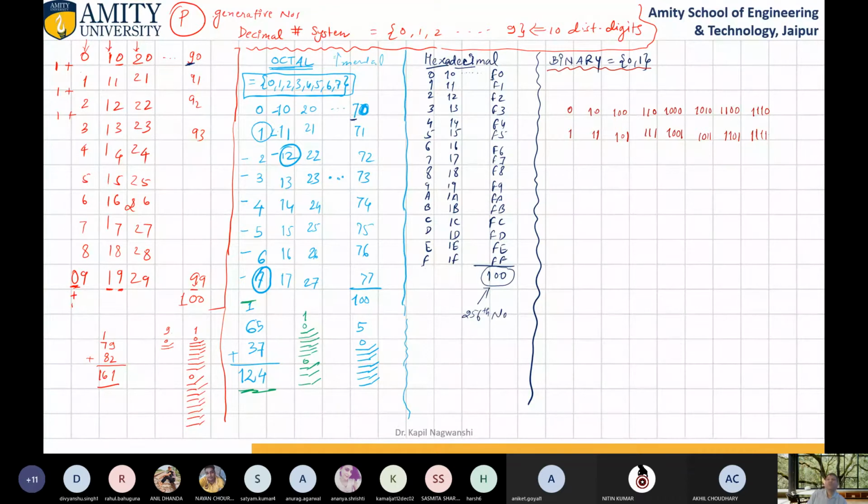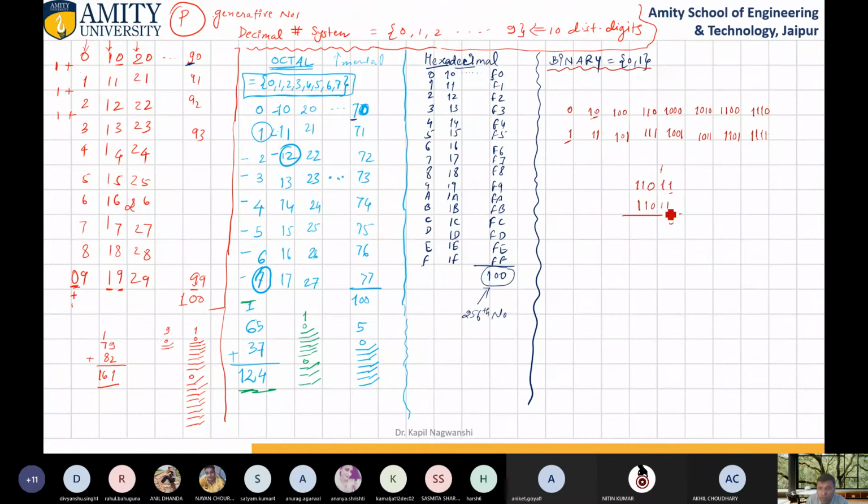So let me show you addition of two numbers. Let me pick some big numbers, and 11011. If you want to add these two numbers, then you can clearly see: 1 plus 1 is 10, so just write 0 and carry 1.